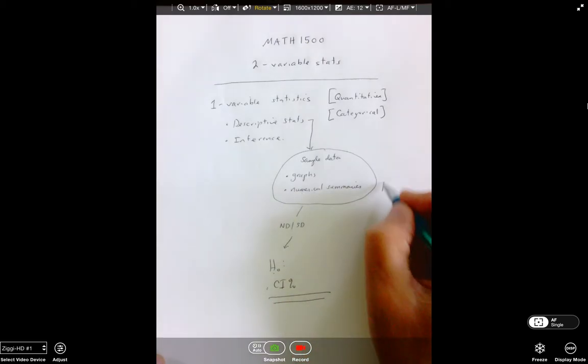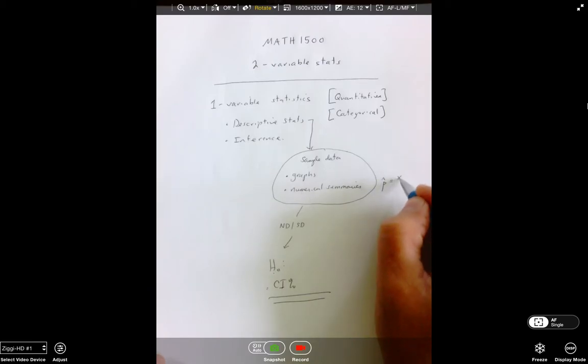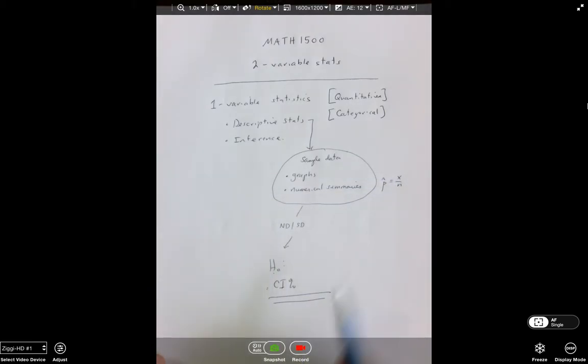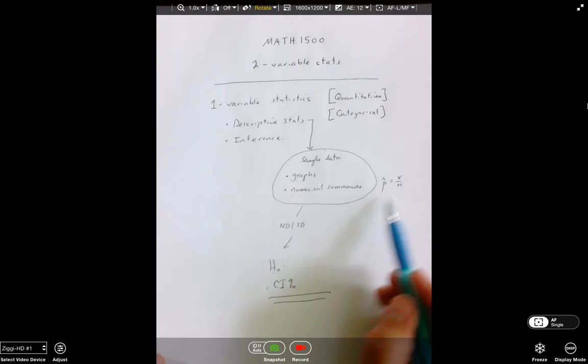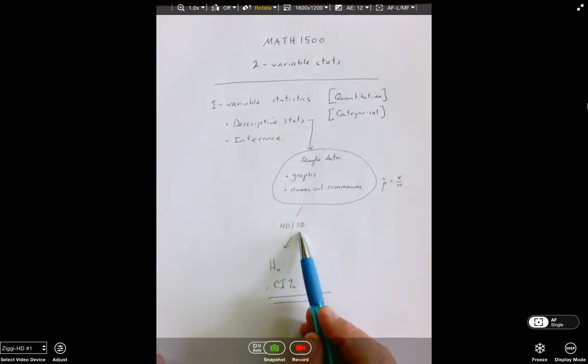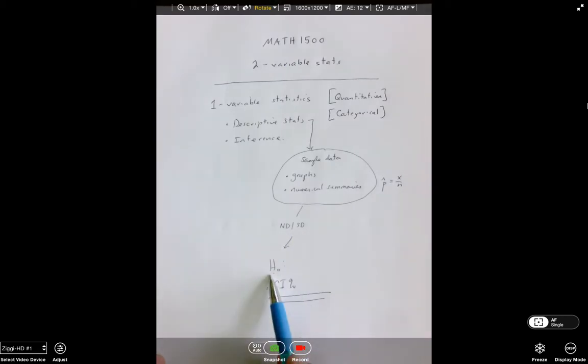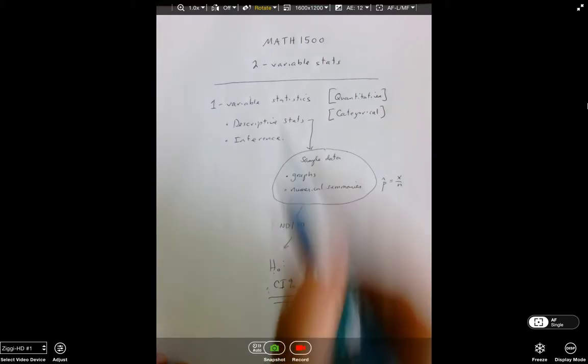Typically, we do what's called a p-hat, which we've seen before: X over n, the count out of the total that has the characteristic that we're measuring. And of course, we saw normal distributions and sampling distributions for p's and p-hats. We can test claims about percentages. We can make estimations on percentages using confidence intervals. So guys, that's what we've done so far up to one variable statistics.